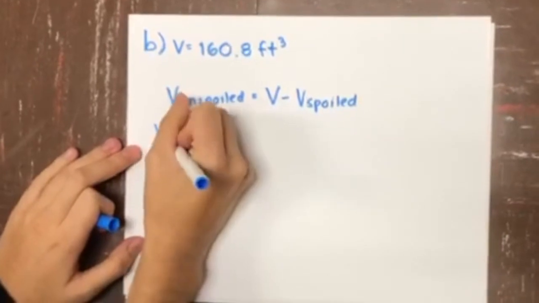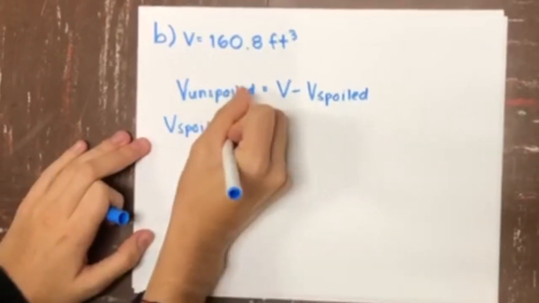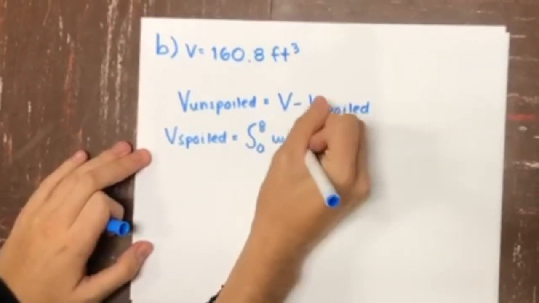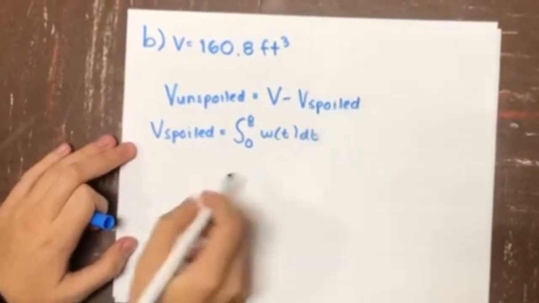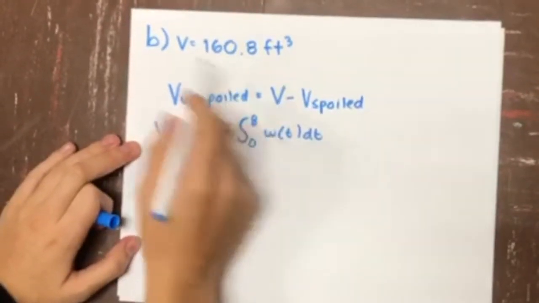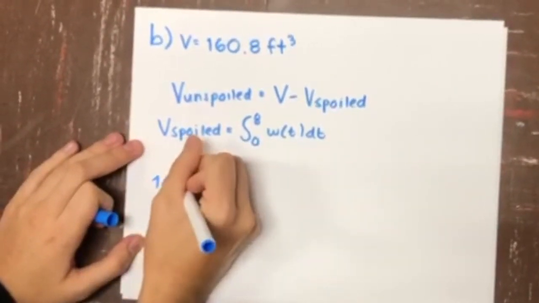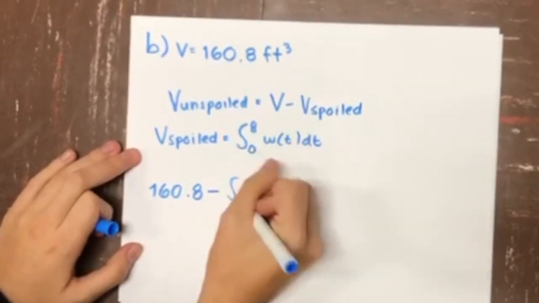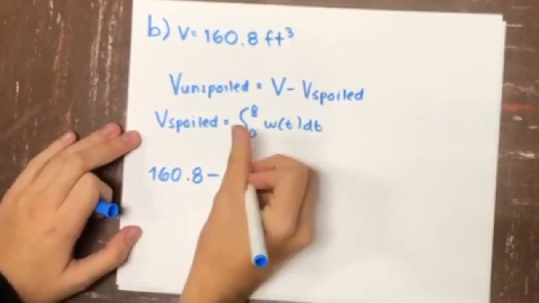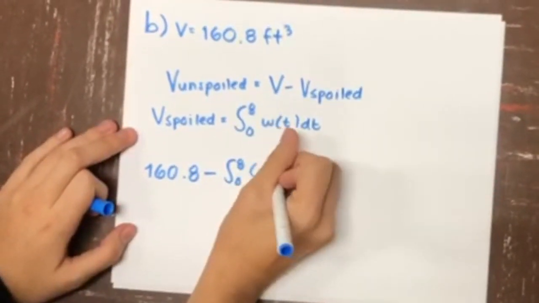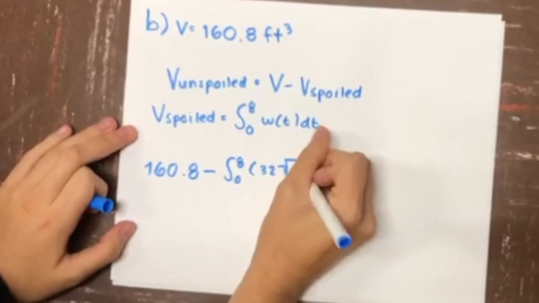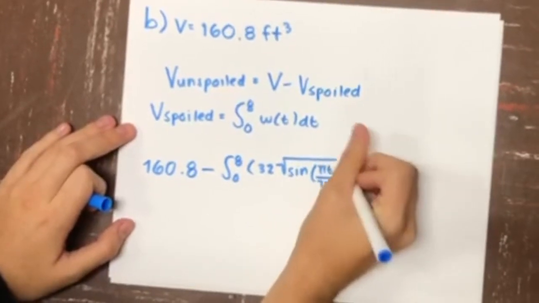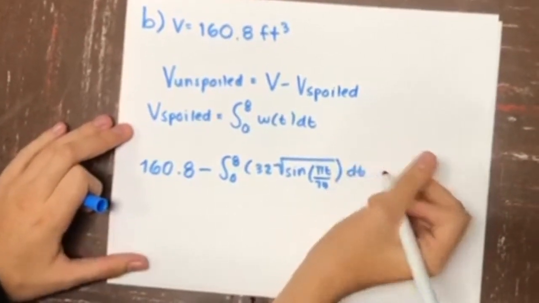The volume of spoiled grain is given by the integral from time 0 to 8 of W of t. So now we plug in the volume, the answer we got in part B. This is equal to 160.8 minus the integral from time 0 to 8 of 32 times square root of sine of pi t over 74 dt.